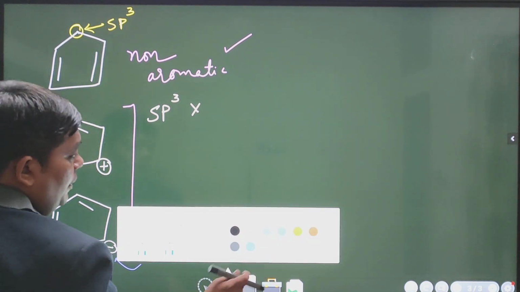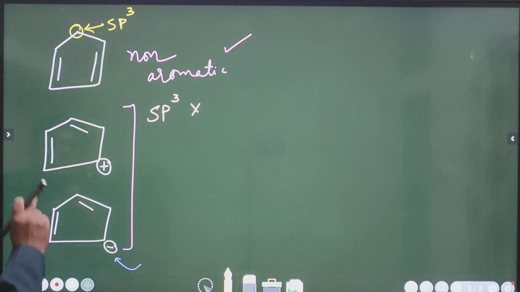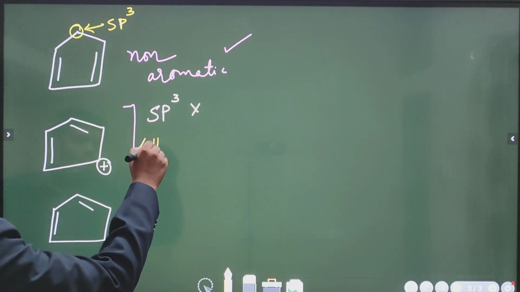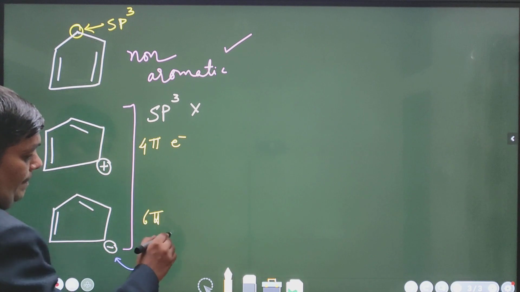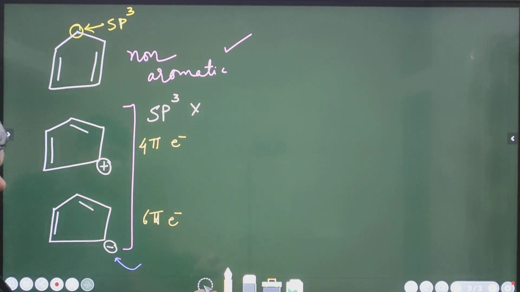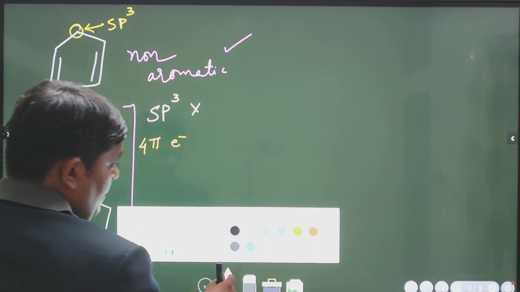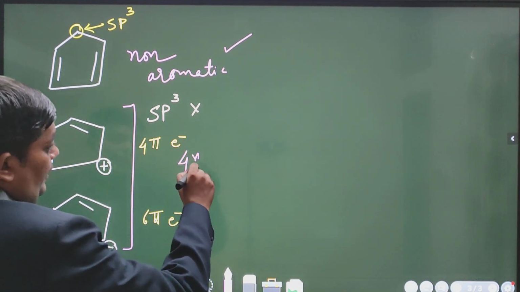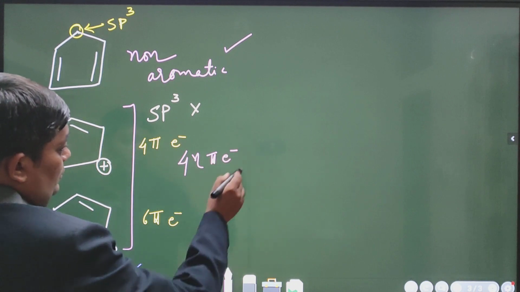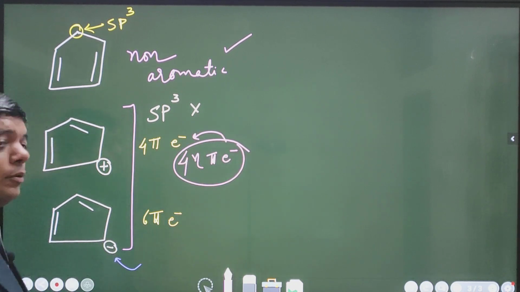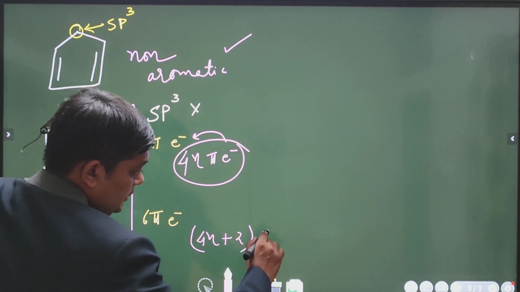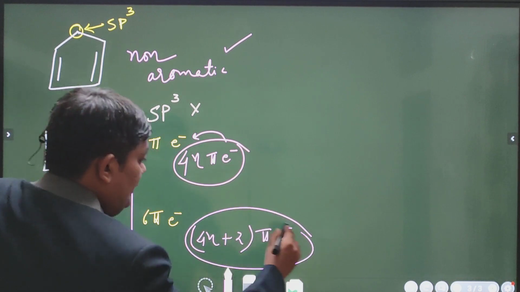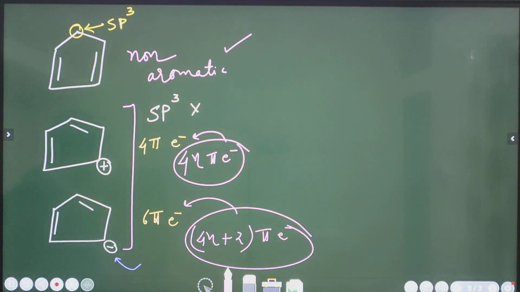So directly moving to the calculation of pi electrons: 2 pi and 2 pi, 4 pi electrons; 2 pi to 4 pi and a negative charge, 6 pi electrons. Just overlooking this formula, you will very easily be able to identify 4n pi electrons for this particular molecule and 4n plus 2 pi electrons for this particular molecule.